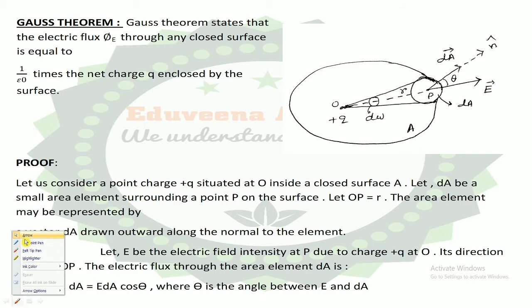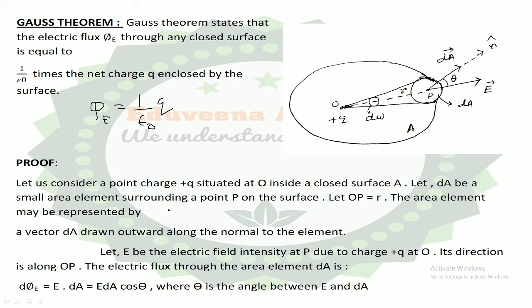So the law is basically phi E, the flux through any closed surface, is equal to 1 by epsilon naught times the net charge enclosed by that surface. So this is the law.